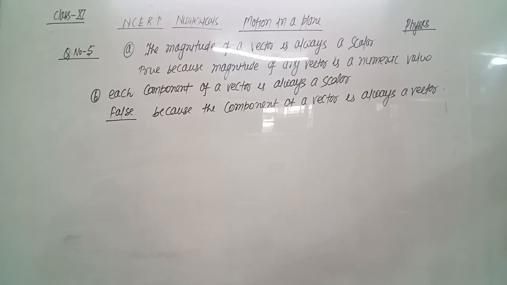Now the part C. The total path length is always equal to the magnitude of the displacement vector of a particle.